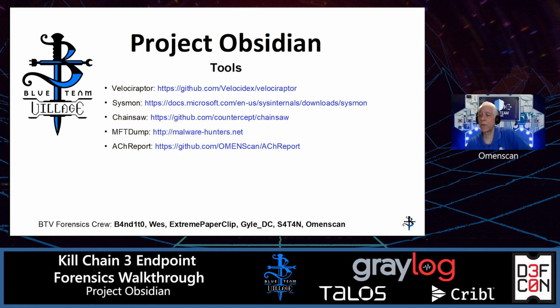We took that data and we put it in a reporting tool, ACH report, to put all the data in one place to make it easier to draw context around times and activities.